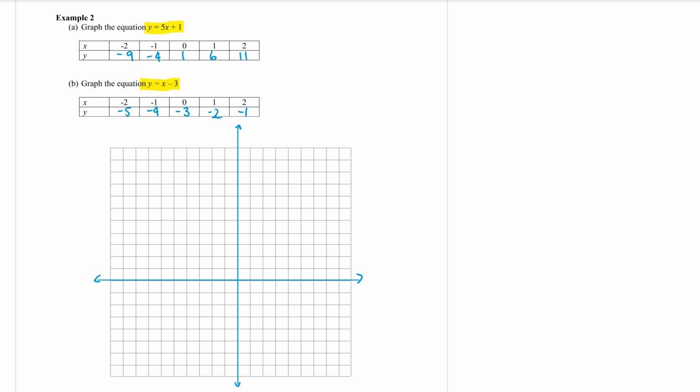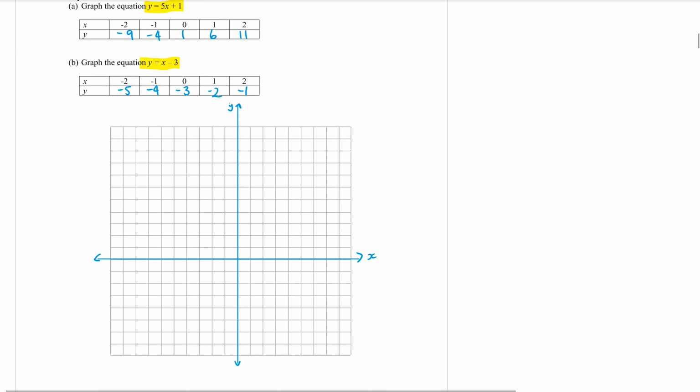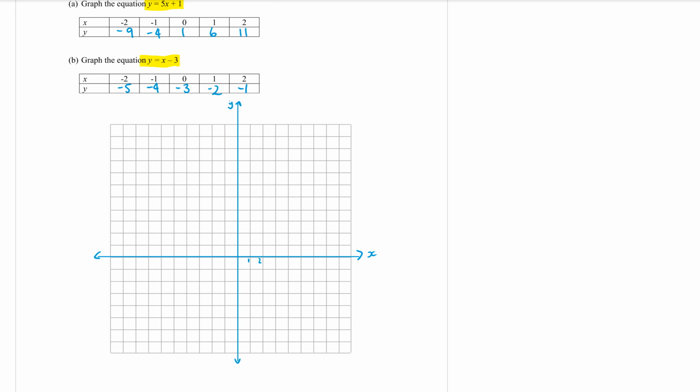We label the x-axis, we label the y-axis, and we need some numbers on there. So 1, 2, 3, 4, 5, 6. That's way more than I need. Let's do some y values because they're the ones that get quite big. And some negative ones. Remember, these are on the line.